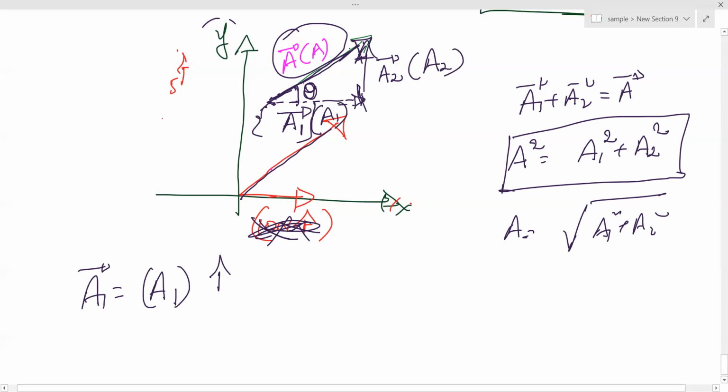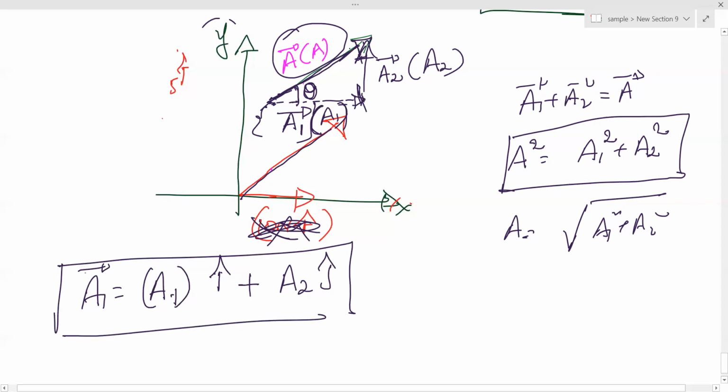Here also the magnitude is A1, A1 i cap, plus A2, A2 j cap. That's awesome. So you observe carefully. I have represented some random vector in terms of i cap and j cap. Got it?